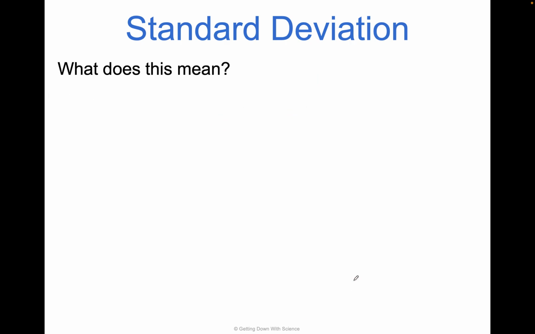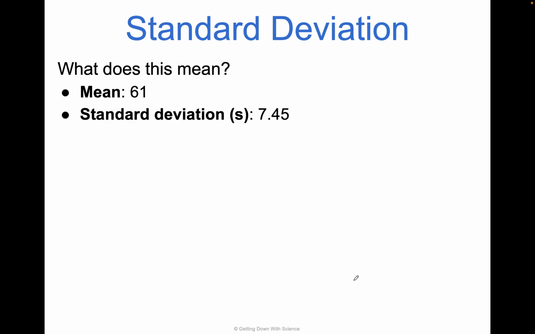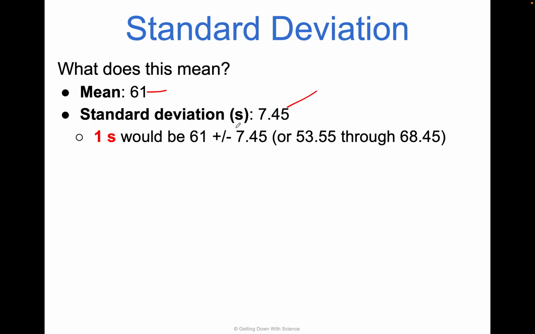Okay, so, but what does this all mean? So we have our mean. This is our average, 61 millimeters. And we have our standard deviation of 7.45. That means that one standard deviation from the mean should be plus or minus 7.45.